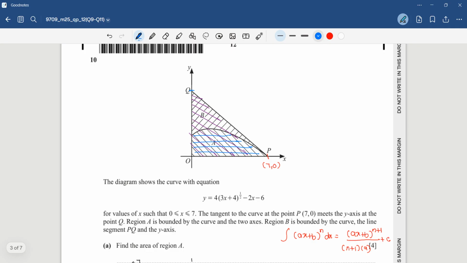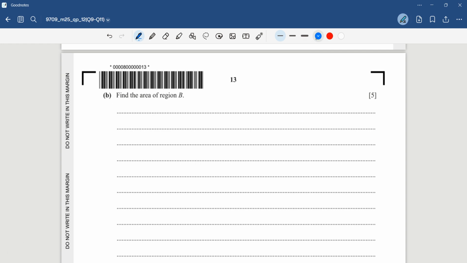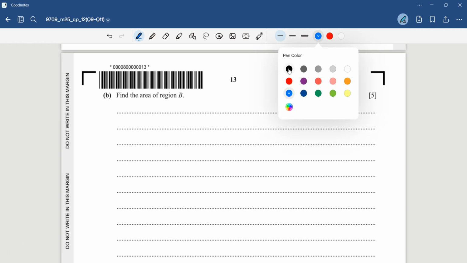In order to find that, I need to find the equation of QP. So now we attempt to find the equation of QP first.